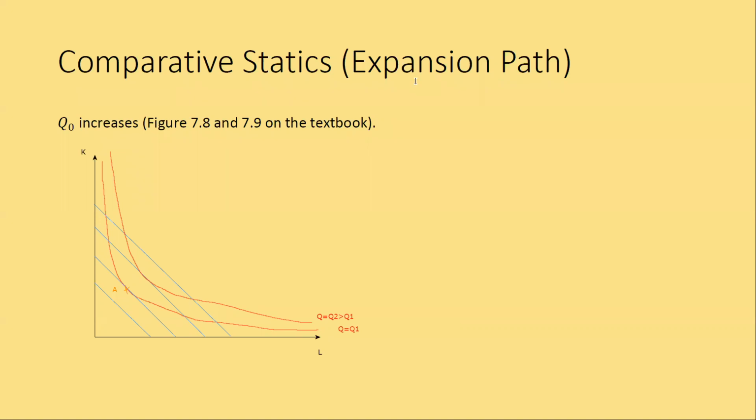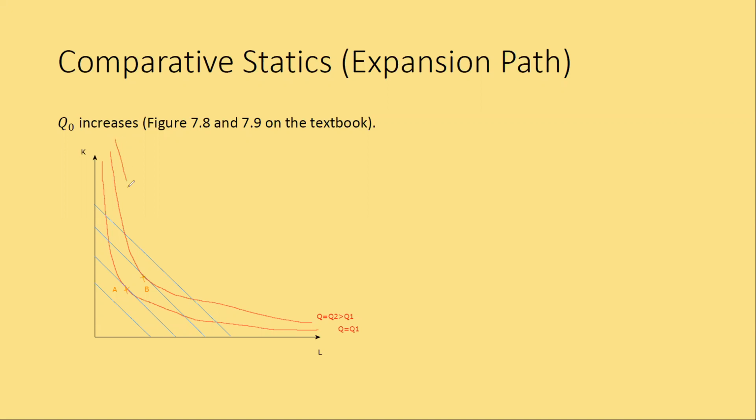So based on the arguments we made before, this is going to be the new optimal point, that is point B. And let's suppose the firm increases its output again to another even higher level.